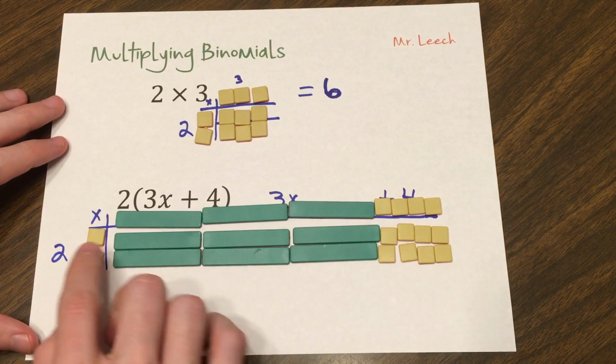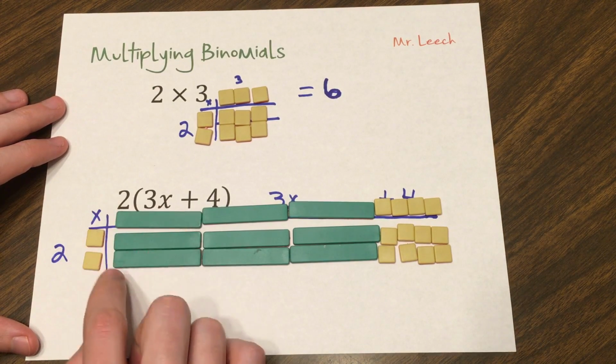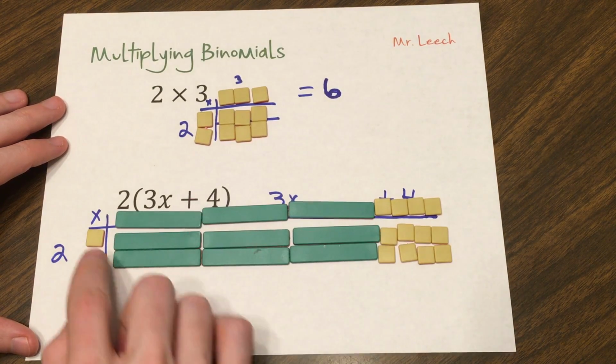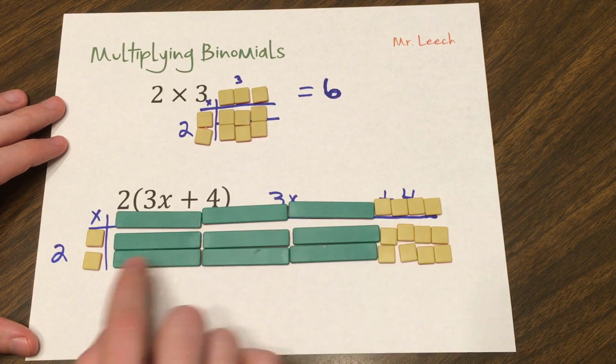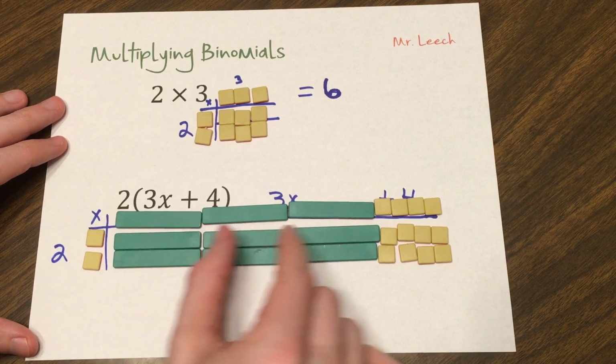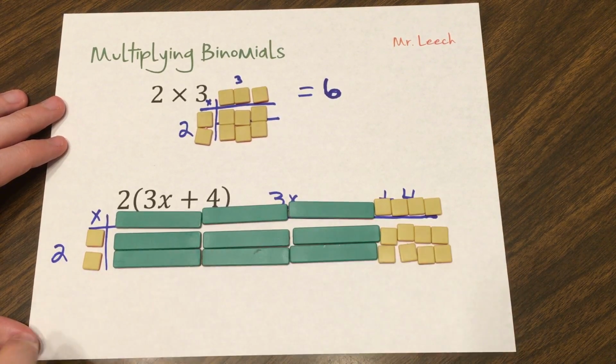Again, using this area, I could basically just draw a grid, a long line here, and cut down the lines over where you see those tiles, and you would literally get 6x plus 8.